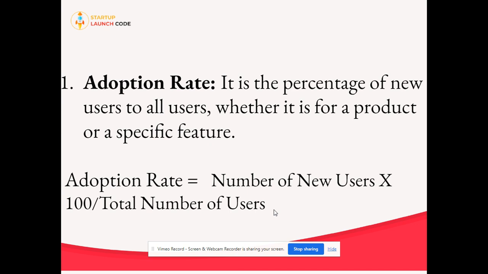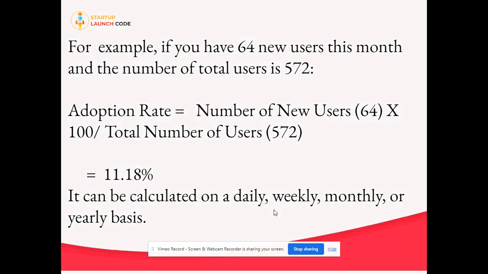So let's say, for example, you have an existing user base of 752, and in a month you added 64 new users. To calculate your product adoption rate, you just multiply the number of new users, that is 64, by 100, then you divide it by the total number of existing users, which is 572, and you have an adoption rate of 11.18%.